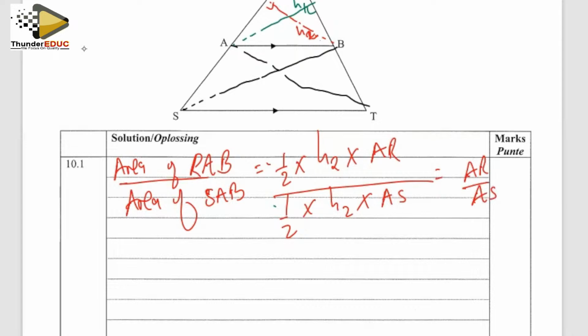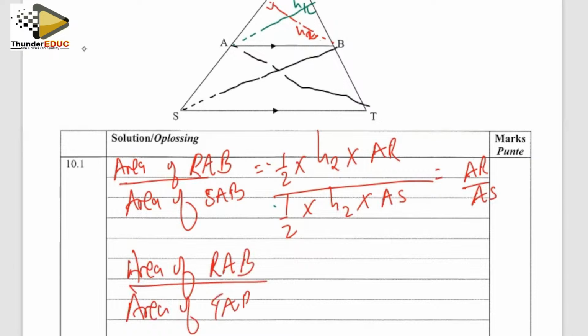Then go down and look for the area of still RAB over the area of TAB. Okay, so this and then that. So that's going to be a half. We're using now H1, multiplied by RB, that's our base.